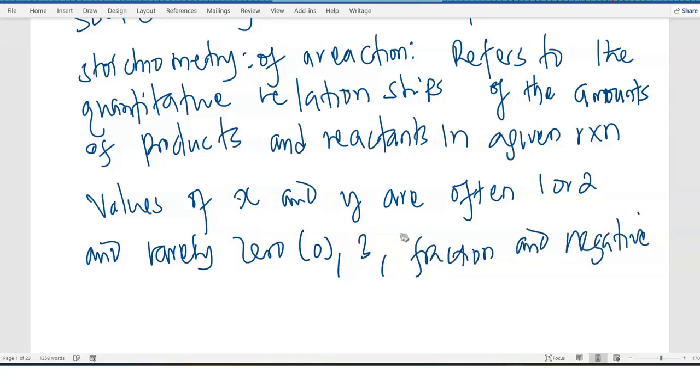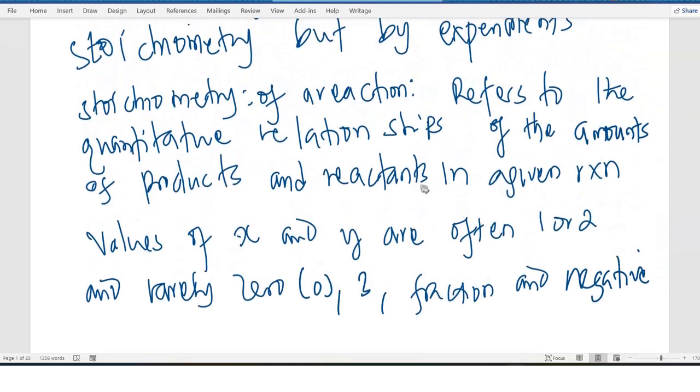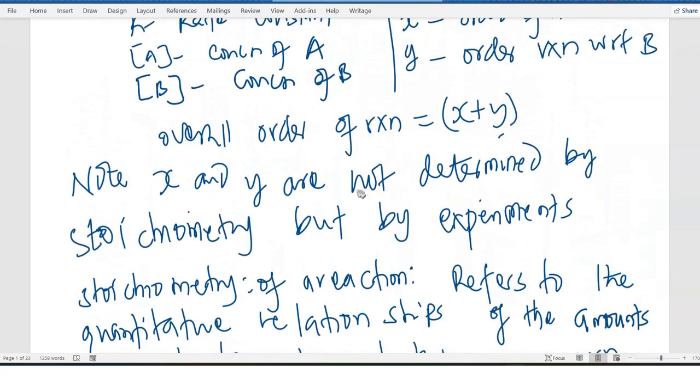So we rarely find x equal to 0, y equal to 3, or a fraction or negative. These are rare cases. So we have seen that the order of the reaction has nothing to do with the stoichiometry of the equation for a given reaction. Now, I want to give us a simple reaction.